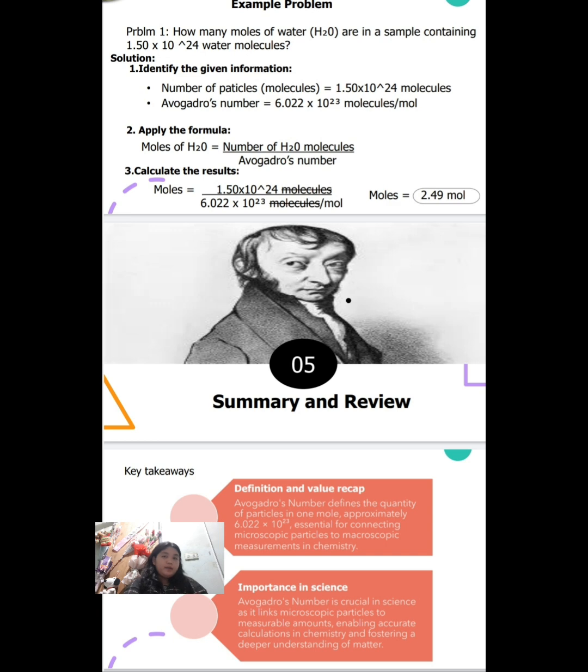In comparison to other large constants, Avogadro's number, 6.022 times 10 raised to the power of 23, is larger than other constants like the speed of light or Planck's constant, highlighting its critical role in measuring microscopic particles.